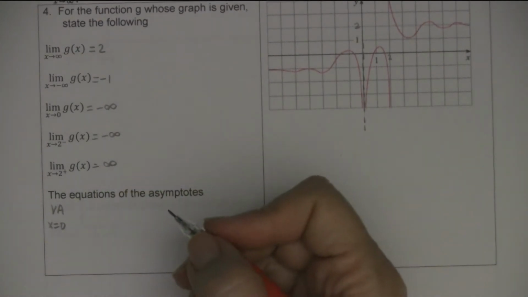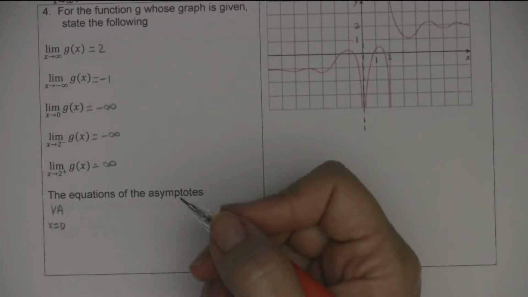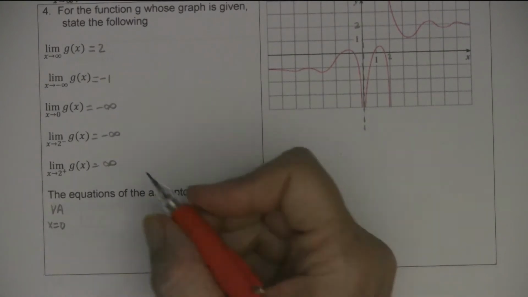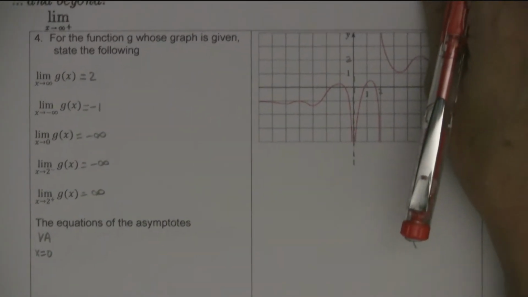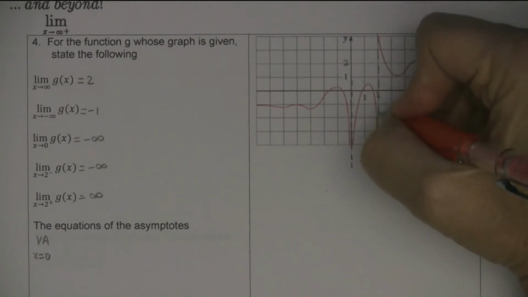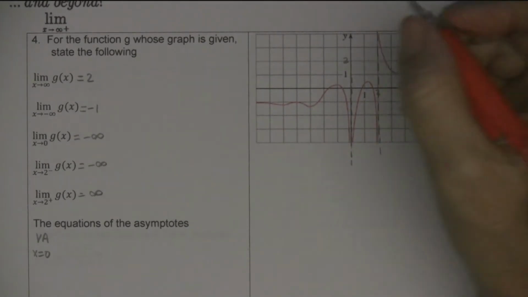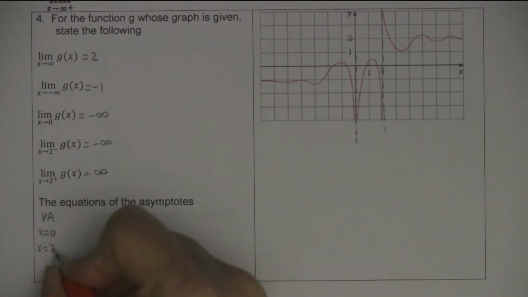I always am asked, can I just put 0? And 0 doesn't tell me if it's a vertical line or a horizontal line or anything. You need to have x equals 0 so that I know that it's a vertical line. And then also at 2. So there's a vertical line right here, and they're asking me what is the equation of that vertical line, and that vertical line is x equals 2.